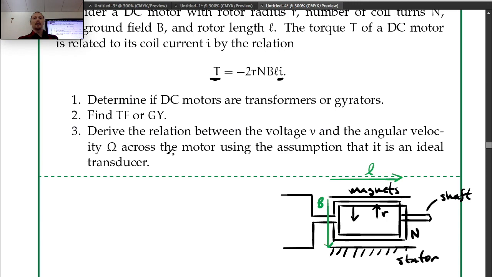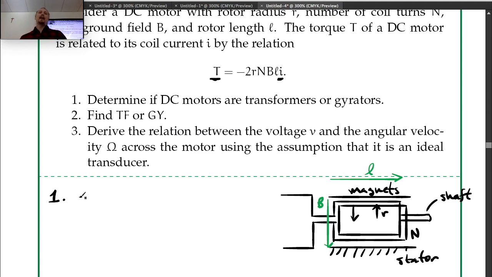And then we'll derive the relation between the voltage and the angular velocity, assuming that it is an ideal transducer. So we're given this relationship between three variables. If we assume it's an ideal transducer, we should be able to derive the relationship between the cross variables.